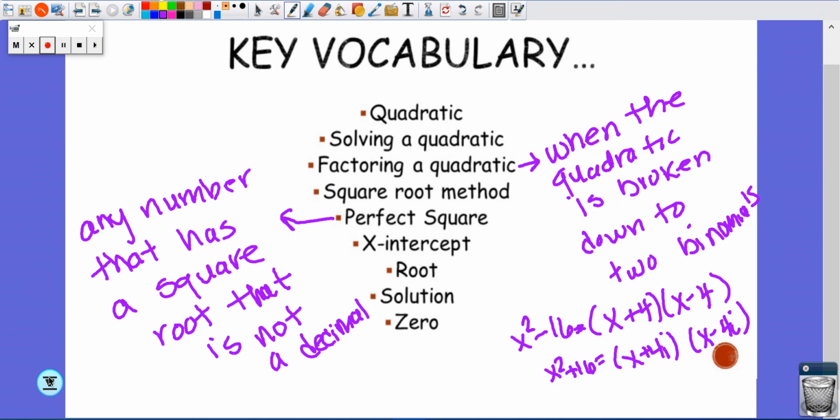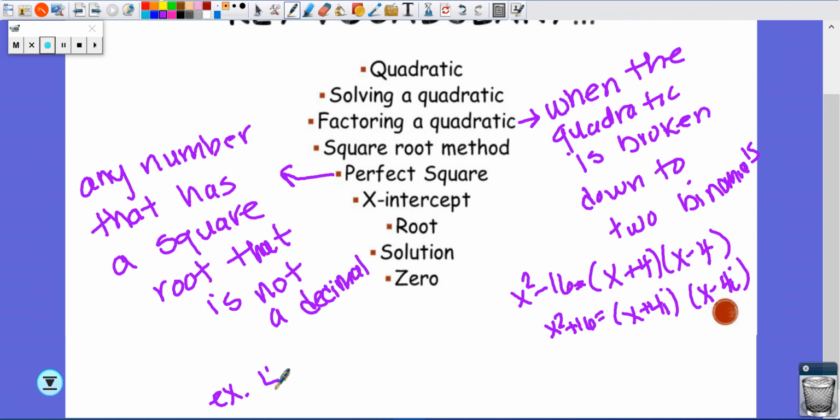For example, 4 is a perfect square because the square root of 4 is 2. 16 is a perfect square because the square root of 16 is 4. 25 is a perfect square because the square root of 25 is 5. And you can keep that going. The other words we already know.